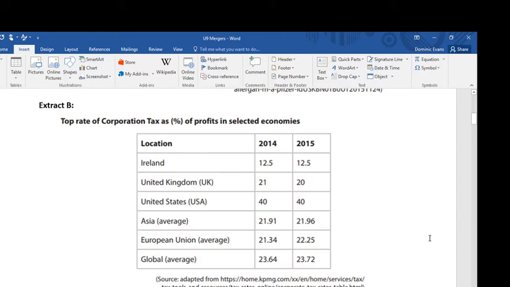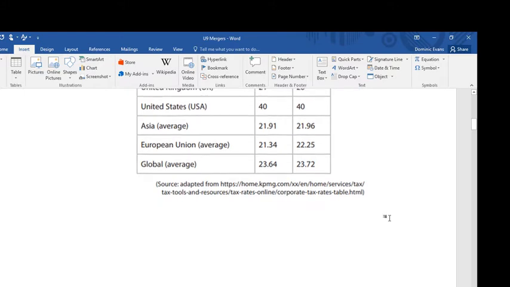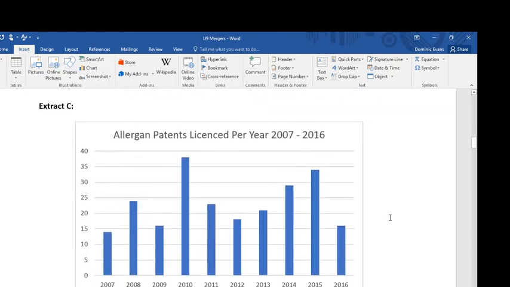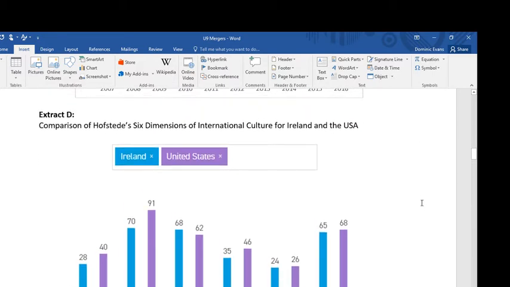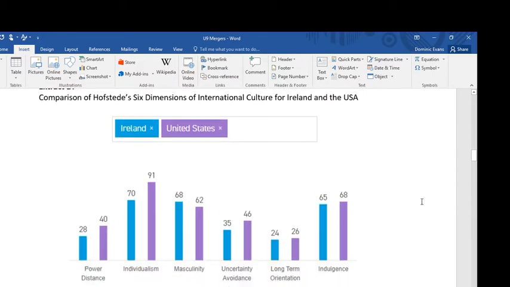And then, as is typical in AQA, you've got an extract B, maybe some data presented in a table like this. This is something that I threw in that might also be useful. And some information on Hofstede as well.